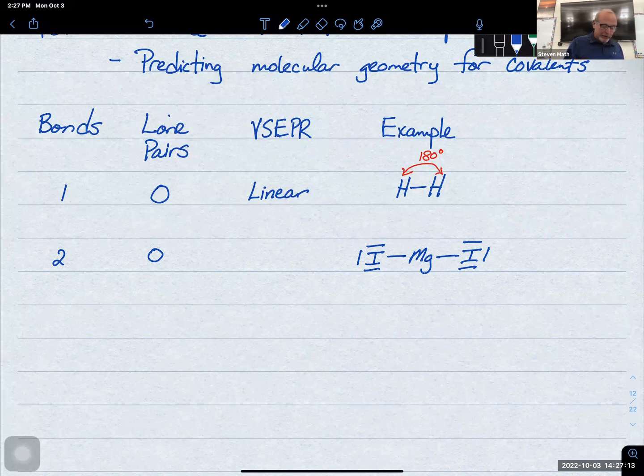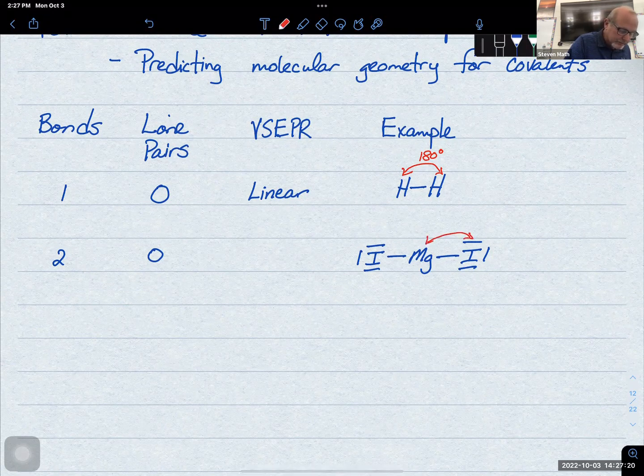And if we look at the bond angles now, we're going to look at the angle between Mg and iodine and Mg and the other iodine. Well, guess what? They're still 180. So this is another case. It's still going to be considered a linear molecule. Pretty simple so far. 180 degrees.